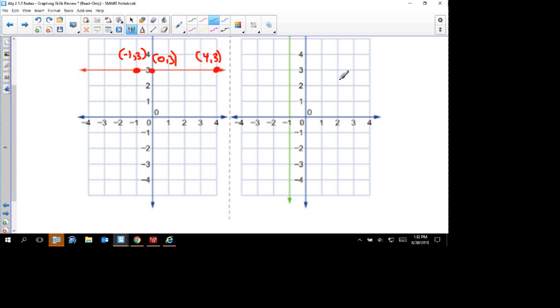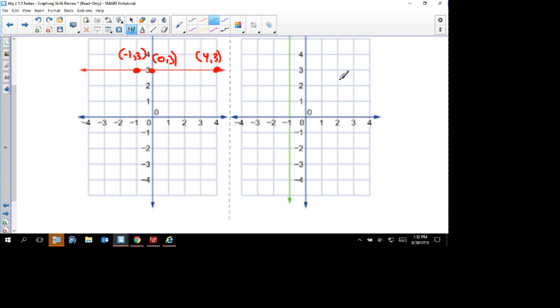You go here, and then 4: (-1, 4). So what's that one then? (-1, 0). The second number is up or down.